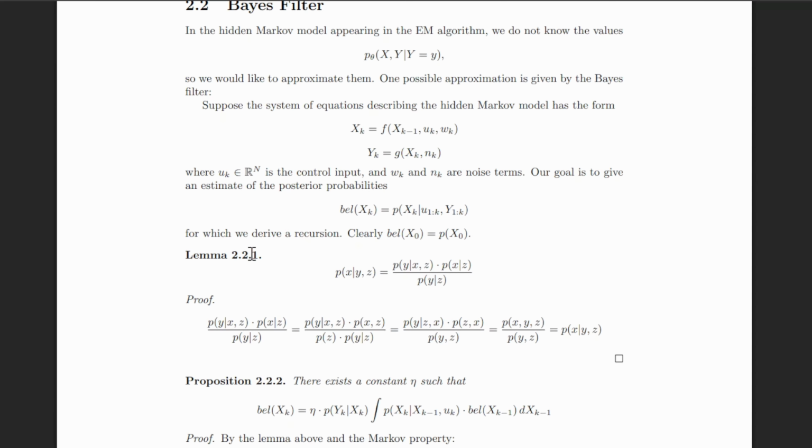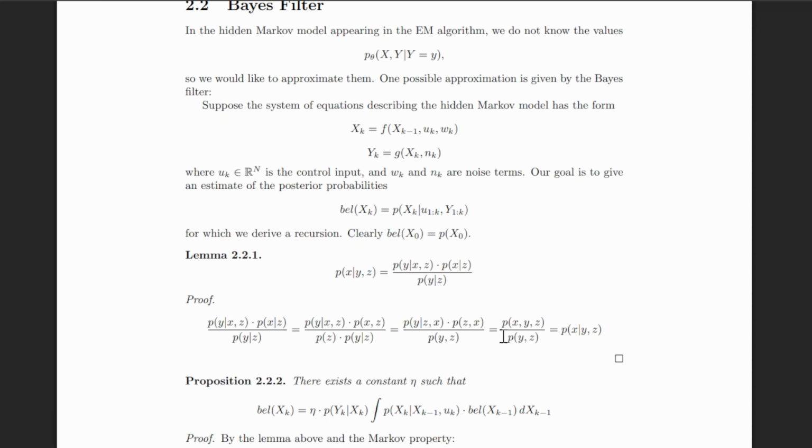But first, we would like to prove a lemma which says that in general the probability of x with the condition y and z equals the probability of y with the condition x and z times the probability of x with the condition z, all this divided by the probability of y with the condition z. This lemma follows from the fact that both sides equal this fraction.